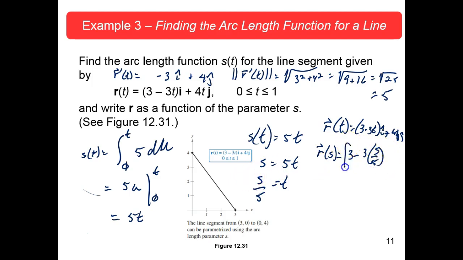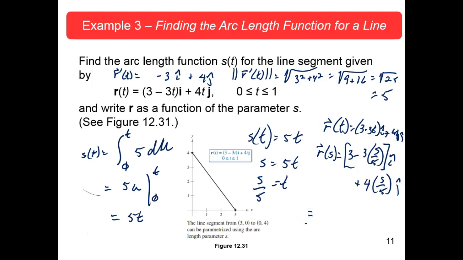That would be your i component, plus 4 times s over 5 j.